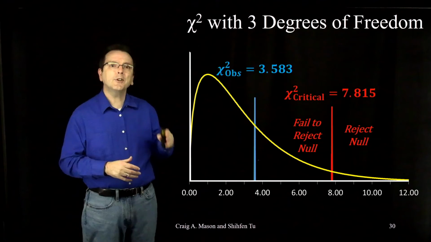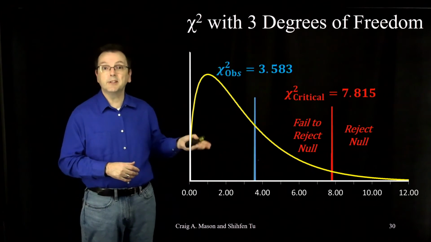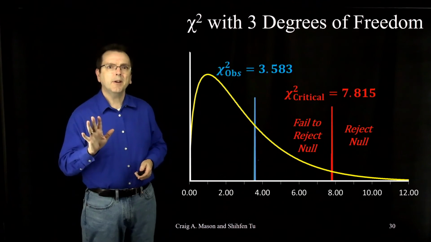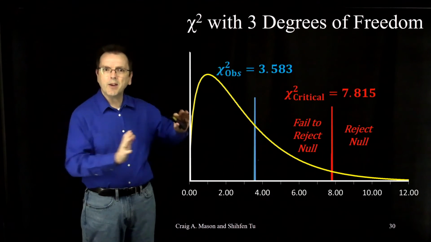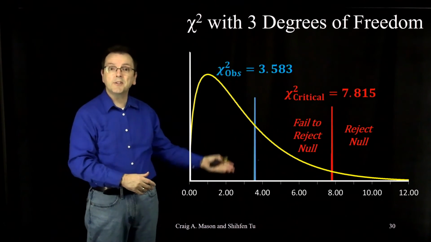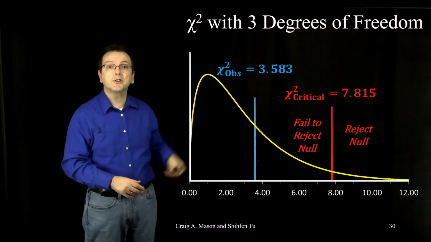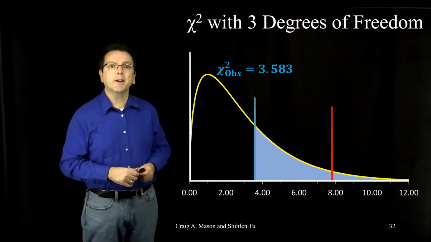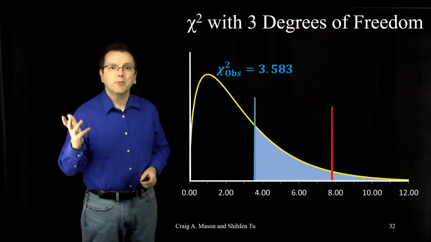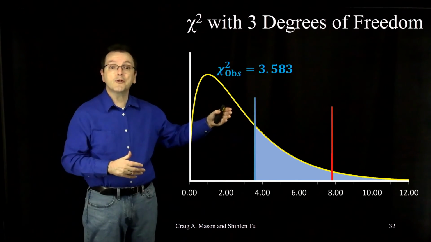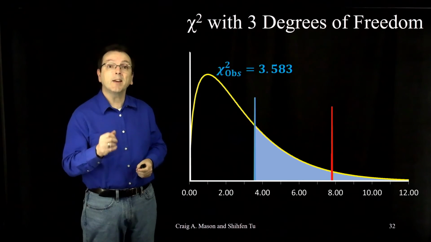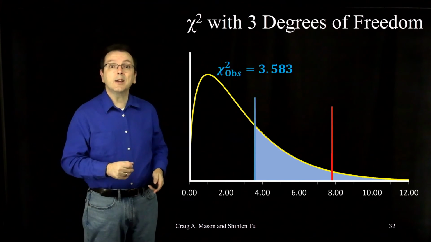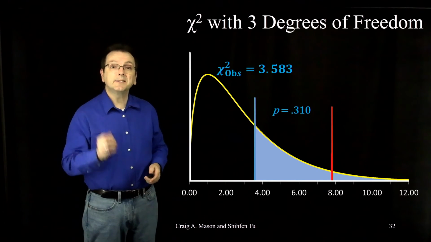But just how often would we have obtained a result this extreme or more if the null were true? Now, remember, that's our p-value, right? The area more extreme than our observed test statistic in the direction of the alternative hypothesis. That's this light shaded blue area, right? Well, if we look up the area that's more extreme than a chi-square of 3.583, with 3 degrees of freedom, we find that that area is equal to 0.310.